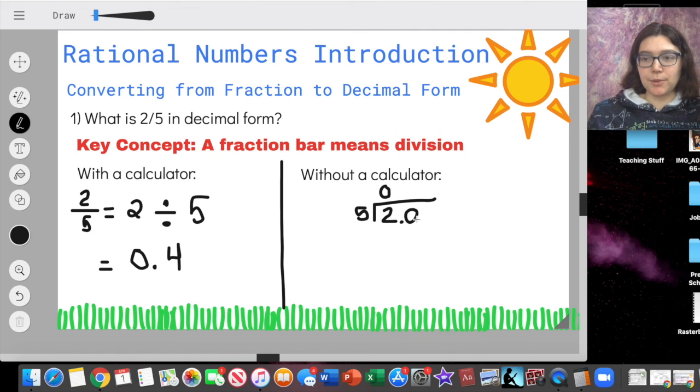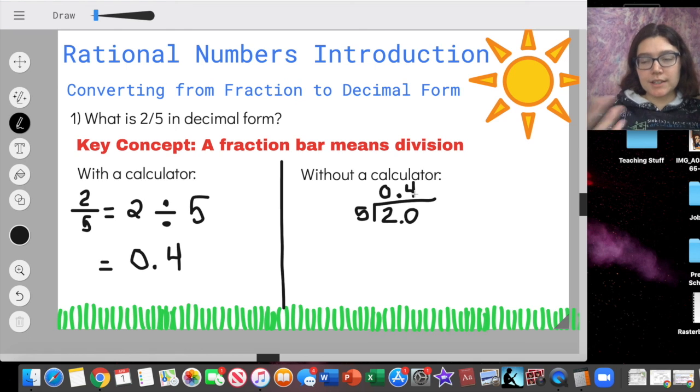Thinking about the multiples of 5, there's 5, 10, 15, 20. So that's 4. 4 times 5 equals 20. So I'm going to put 4 right here. And then I will bring up my decimal point, because when you're dividing with decimals like this, you always just bring the decimal point directly straight up.